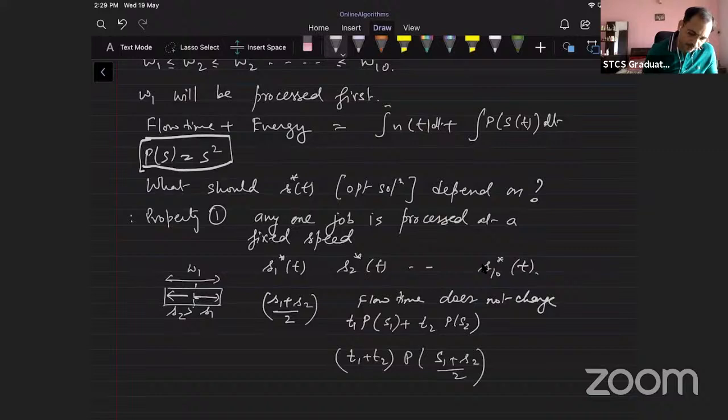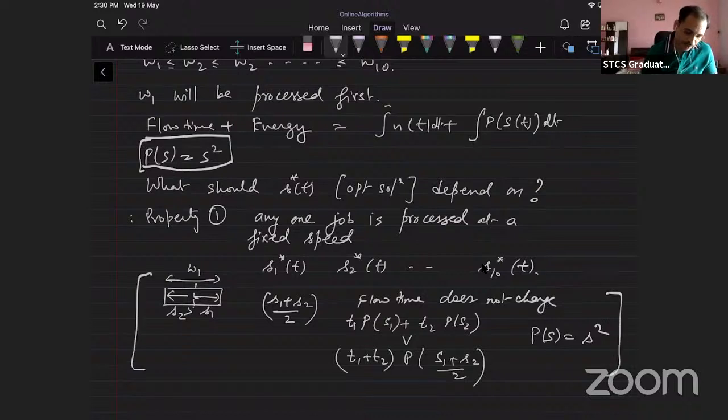Now, given that P of S is S square, this quantity is lower than this quantity. So without changing the flow time, I could reduce your energy if you were to choose two different speeds. And the same argument can be continued for more than two speeds. So that argument is easy to make, that any job is going to be run at a fixed speed. So this is going to be S1 star T, S2 star T, S10 star T.